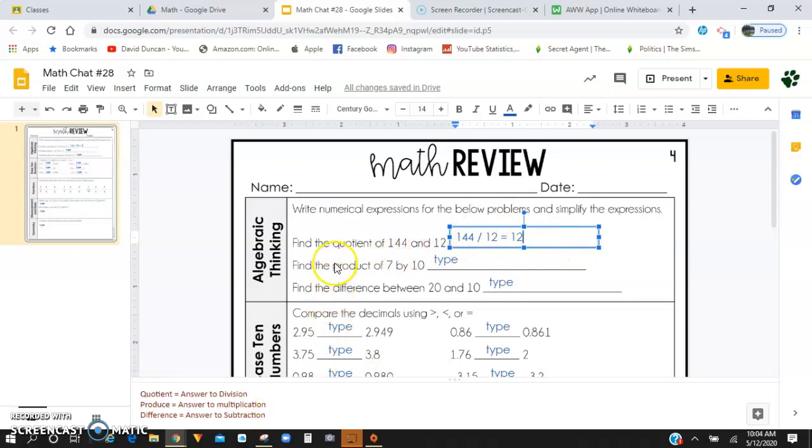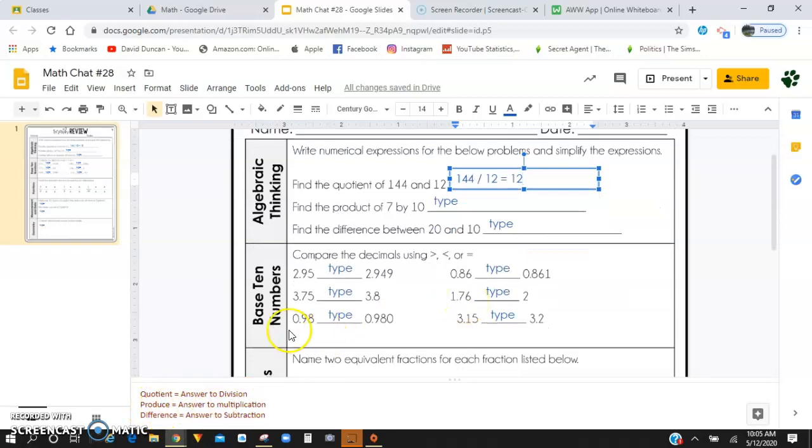To help you with these next two problems, I gave you guys a little hint down here. So different vocabulary. Going down to base 10 numbers, it says compare the decimals using greater than, less than, or equal to. The tip I always recommend is to think about which one's going to be more expensive if you're at the grocery store, which one you're going to spend more money on. Also look at each place value digit by digit.